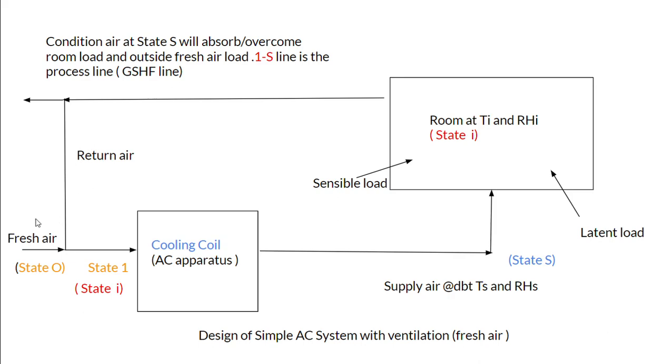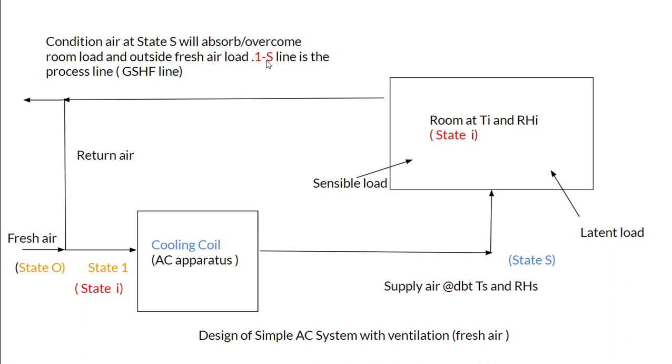So how much ventilation do we need to give? That would depend upon the application. For example, in operation theaters, we would require more fresh air, whereas in cinema halls, we would require less fresh air. So depending upon the application, the ventilation requirements are fixed, and you will find those standards in the handbooks of ASHRAE, ISHRAE and so on.